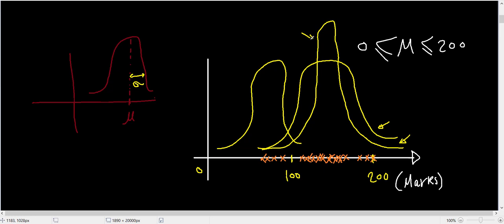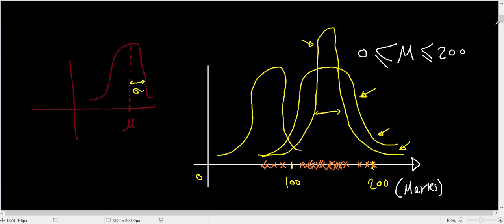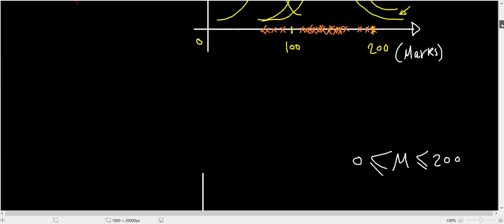And note that this right here is taller than this because I want to keep the area under both of them to be exactly equal to 1. So this has a smaller width, and so it must have more height. Anyway, we want to estimate those parameters, the mu and the sigma, and we want to estimate those parameters mathematically from our data points. So let's figure out a way to do this.